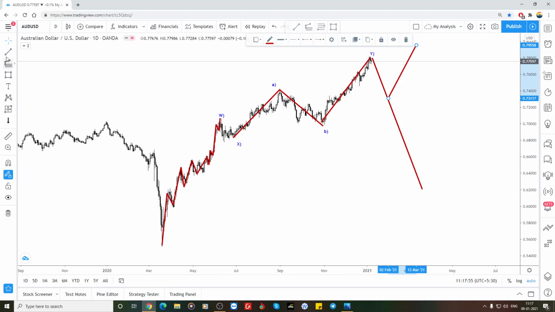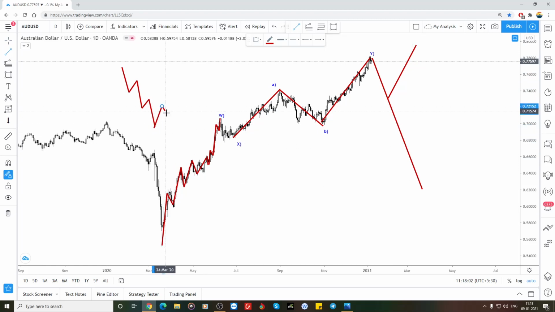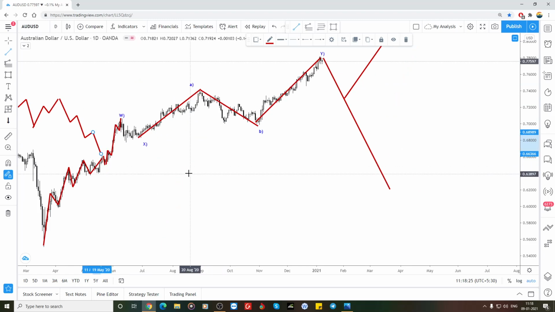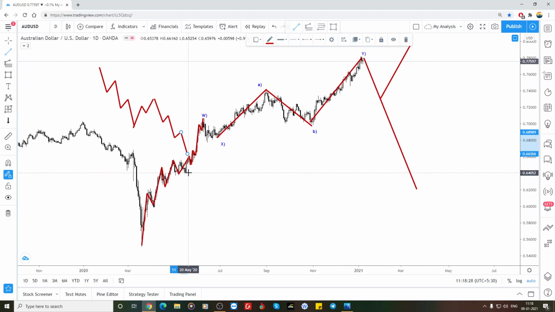So in the zigzag, 1, 2, 3, 4, 5 is A, and again a three-wave structure is B, and again a five-wave structure as a W. We don't want to label it as a W. We need to mark it as A only. Sorry, a lot of confusing. I also confused a lot of you, so sorry for that.